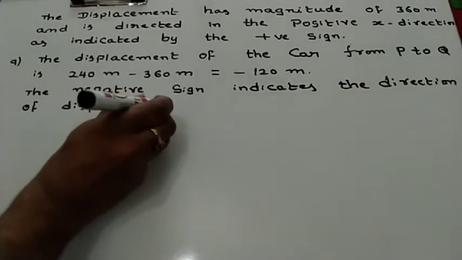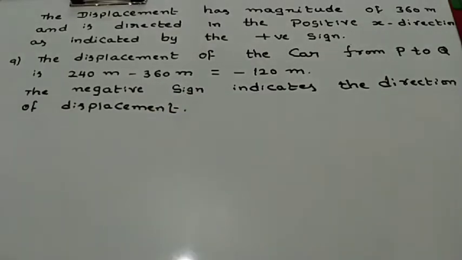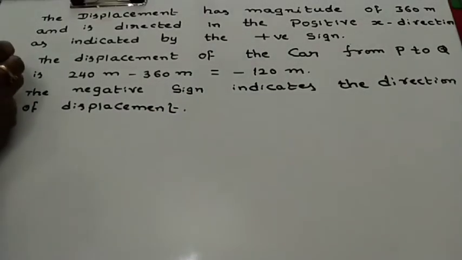Once again I am repeating the point. The negative sign indicates the direction of displacement. Now point number 10.